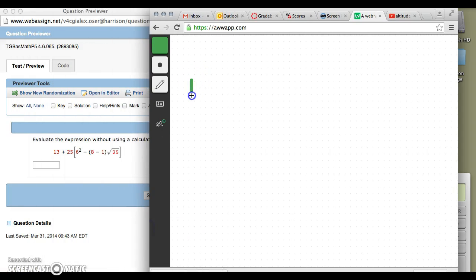Okay, so we have 13 plus 25, and then we have a bracket. No operation in here, meaning we're multiplying.